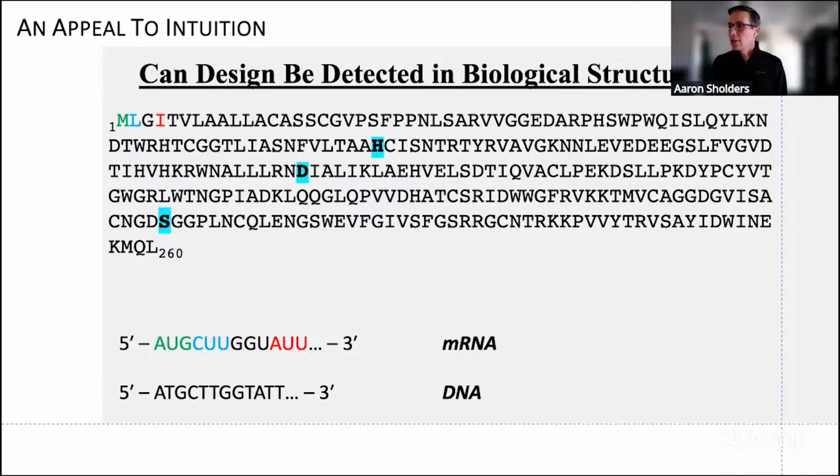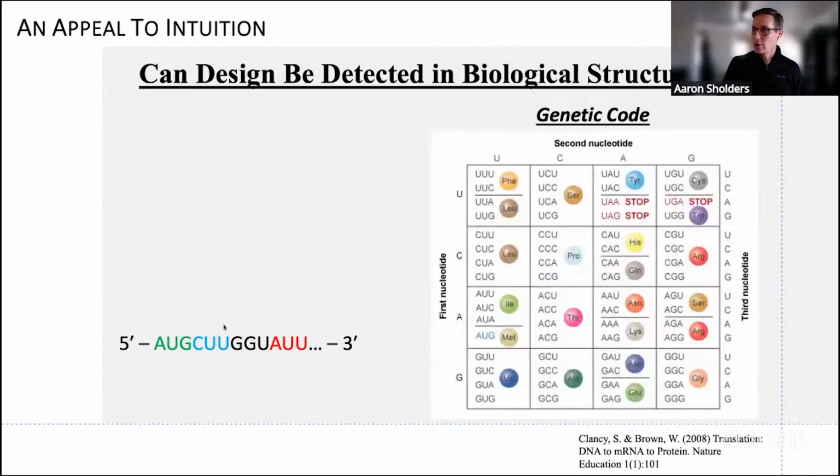Genes are expressed through translation using the genetic code, which was broken by molecular biologists in the last several decades of the 20th century, and we present the genetic code to our students and to the world like this.